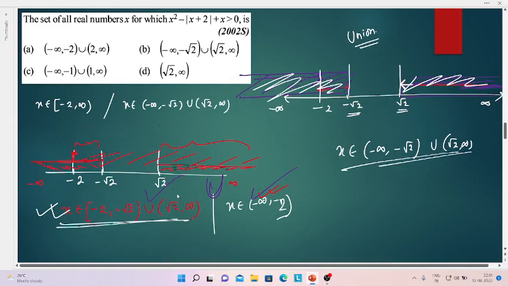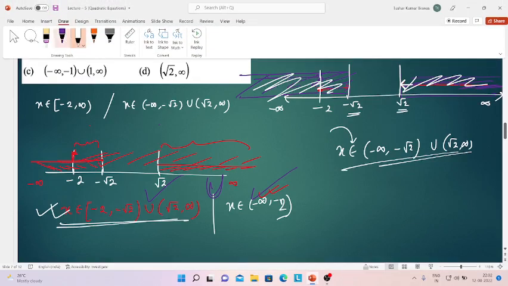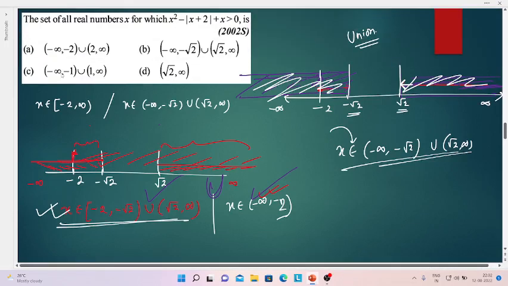I understand that you may have faced some difficulties in understanding this solution, but please try to analyze all these important things so that you can easily understand how we got the solution. The option will be option B. So option B is the correct option.